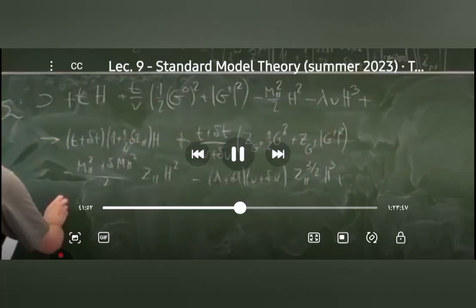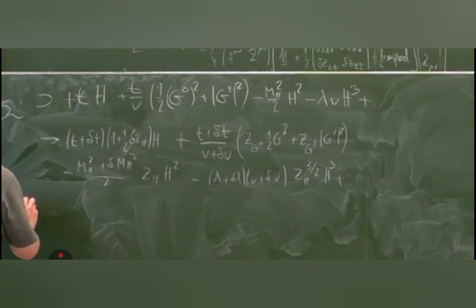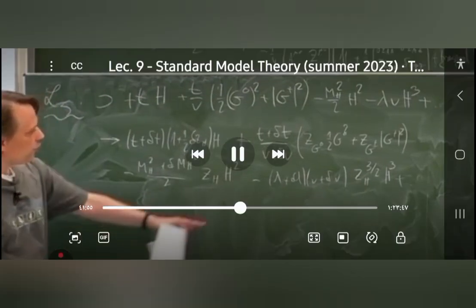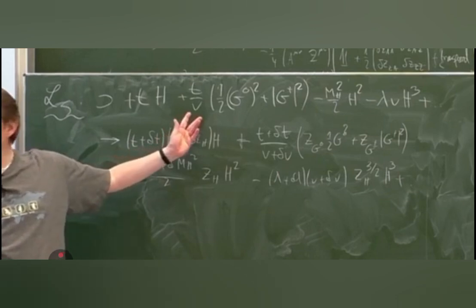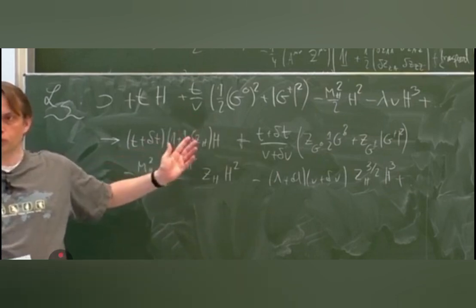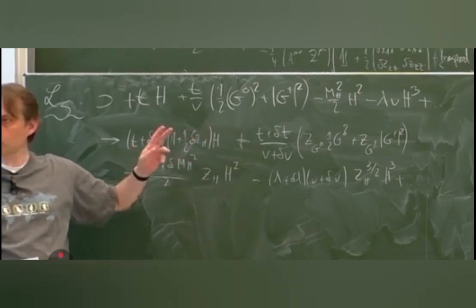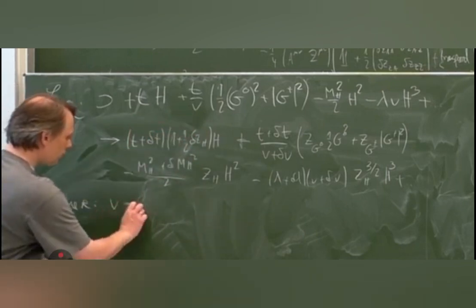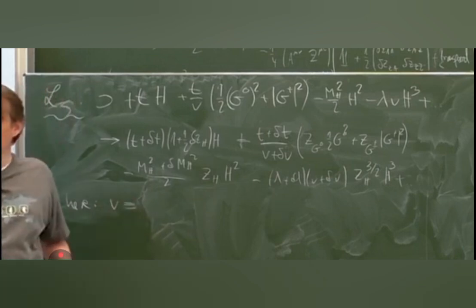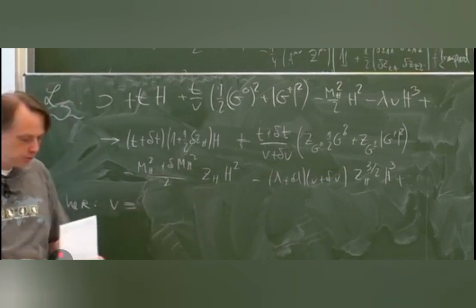So, and so on. Here I used some abbreviations, namely the V, which appears here, shouldn't actually appear, because we forced ourselves to write the entire Lagrangian in terms of only physical parameters. So what does it mean if I write V? V only appears as an abbreviation of some combination of the more physical parameters.